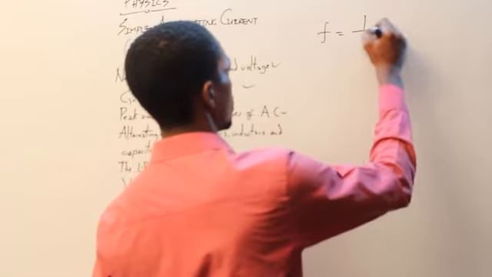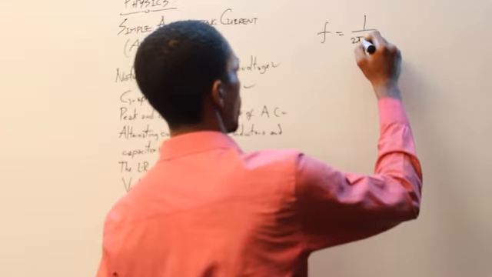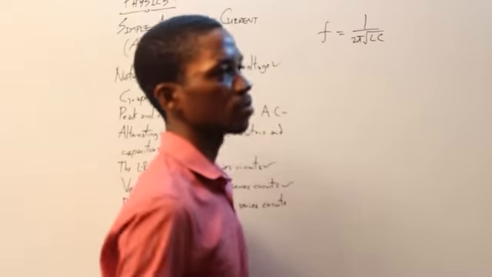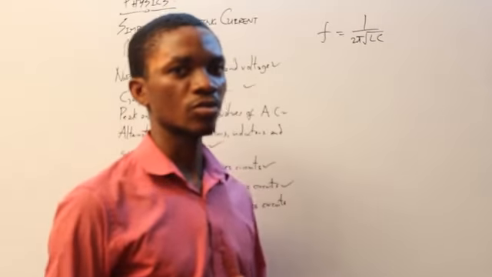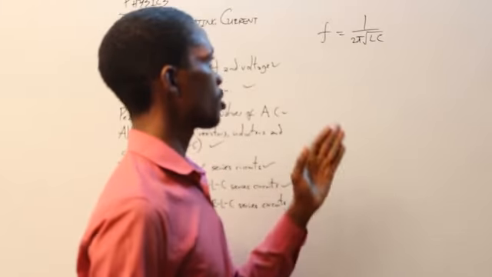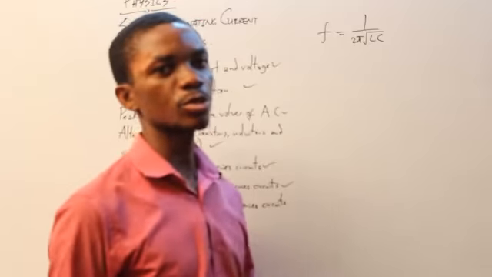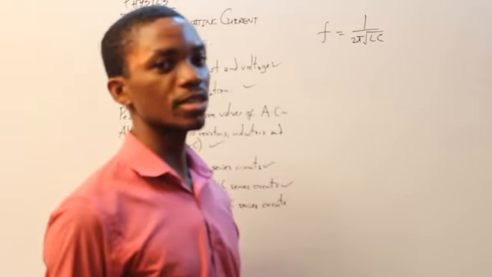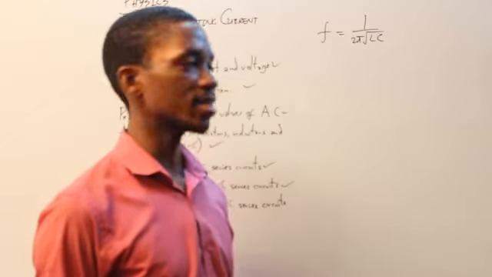it can be calculated using the expression 1 over 2 pi square root of LC. The expression was gotten by relating the two different reactances together.